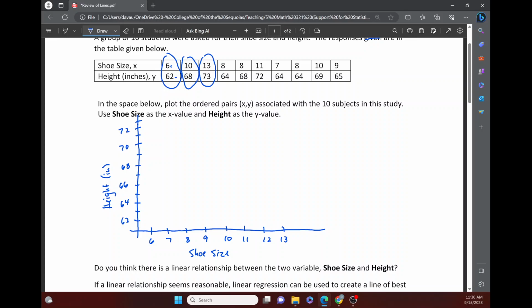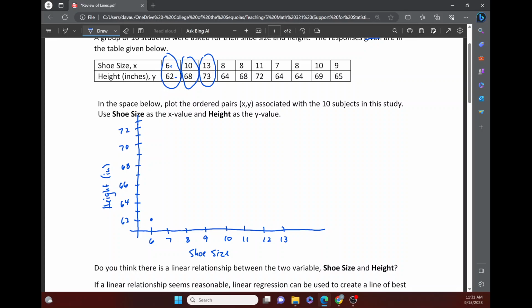To plot the ordered pairs, the way that we do that is we go over on this x-axis to this value, in this case 6, and then we go up to this value along the y-axis vertically, up to 62. And so this ordered pair, (6, 62), would correspond to this point right here.